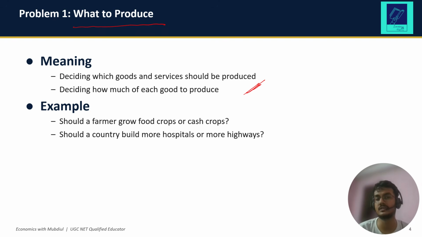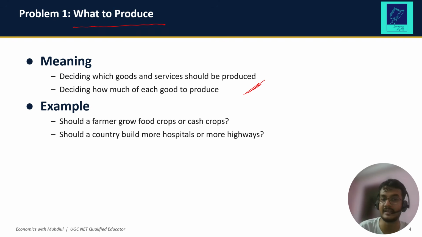Imagine you are responsible for allocating the resources of an entire country. You have land, workers, factories, machines, money, natural resources, but they are all limited. Now you have to decide where these resources should go. Should you produce more food or more cars? Or should you construct schools or shopping malls?